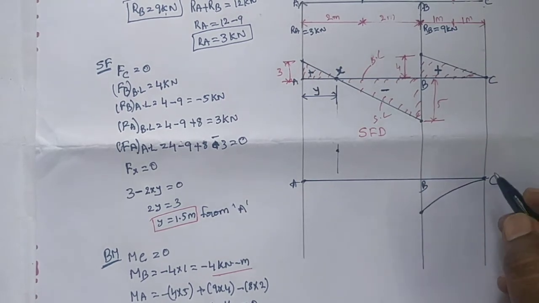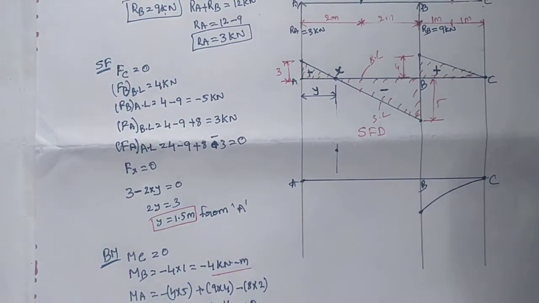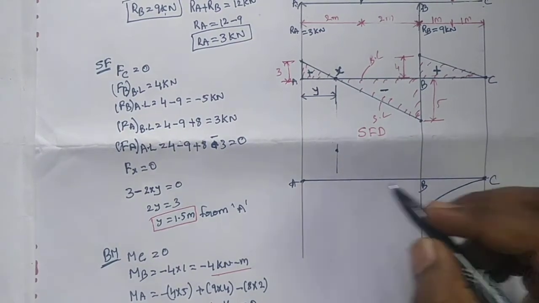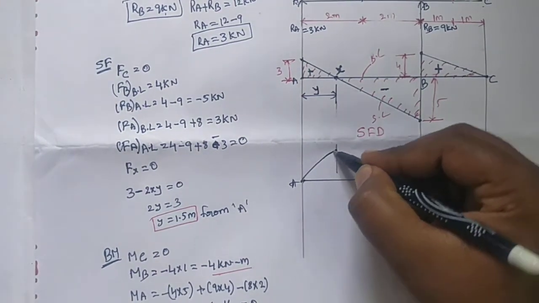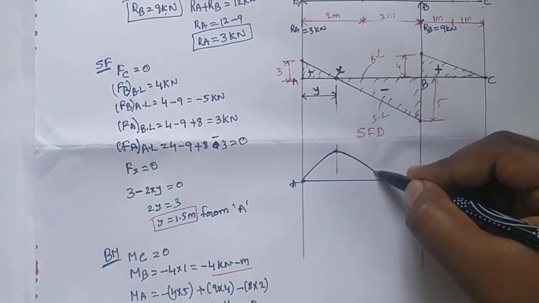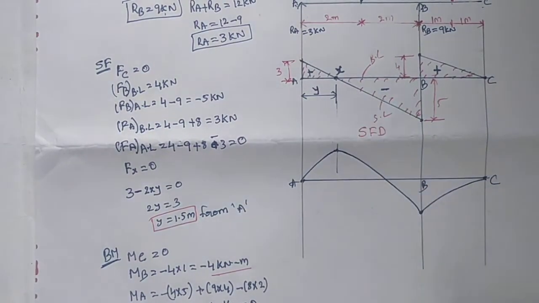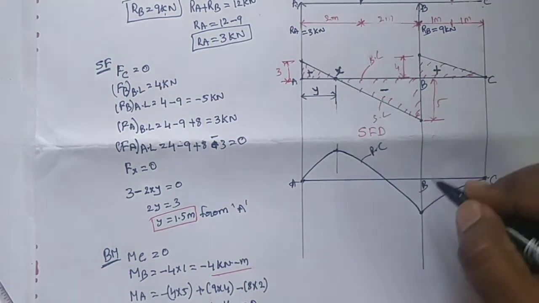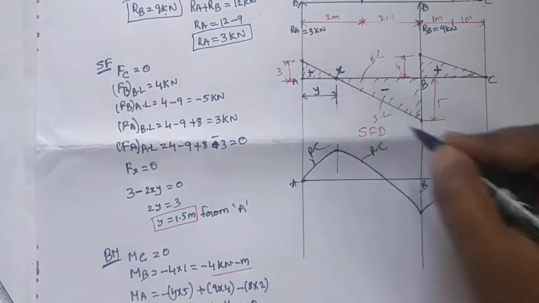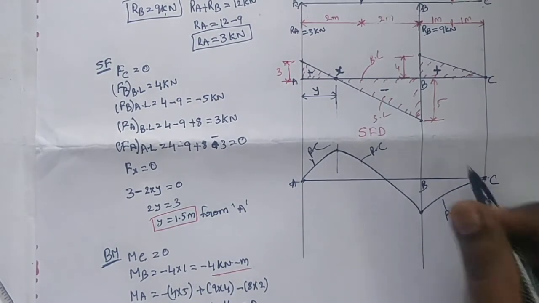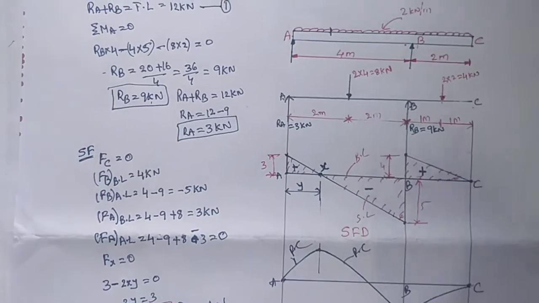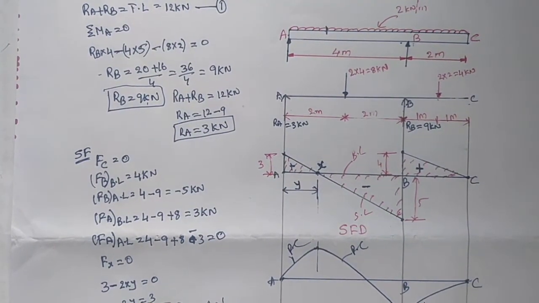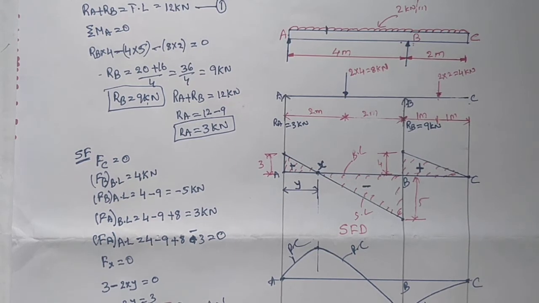Next, draw the curve. The variation is represented by a parabolic curve, and this one is also a parabolic curve, because the UDL is acting on the entire length of the beam. For a beam with UDL, the shear force diagram is a straight line and the bending moment diagram is a parabolic curve. I already informed you in the previous class.